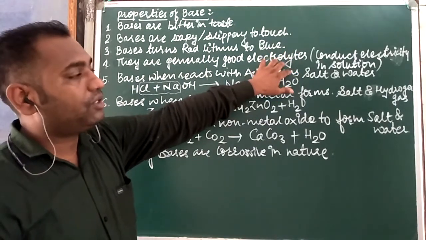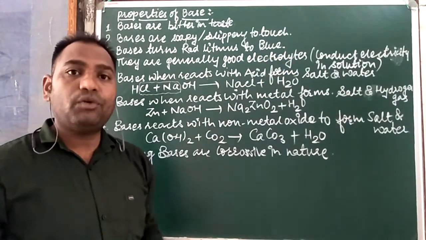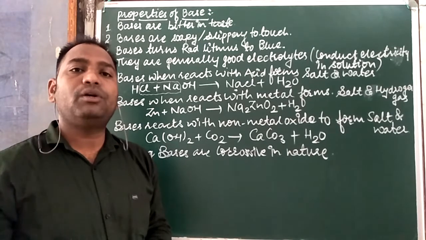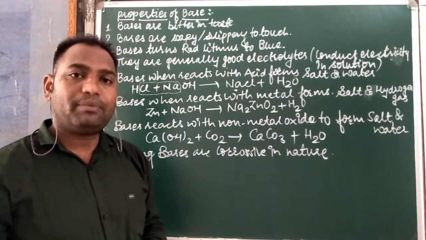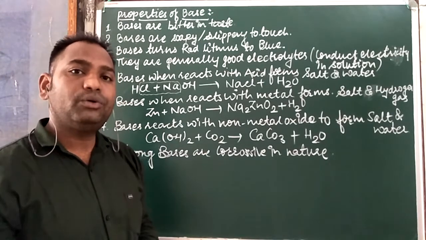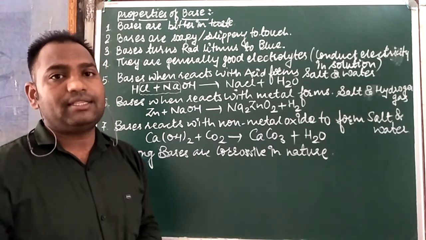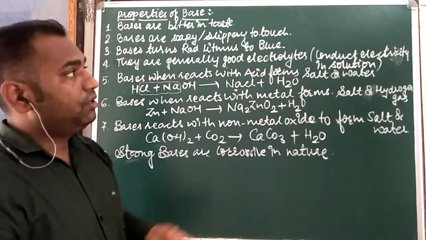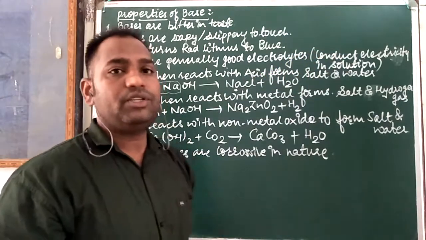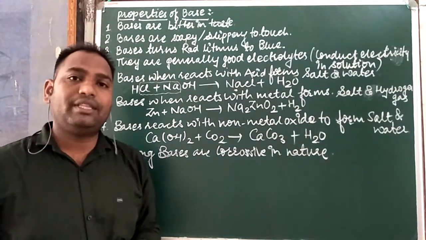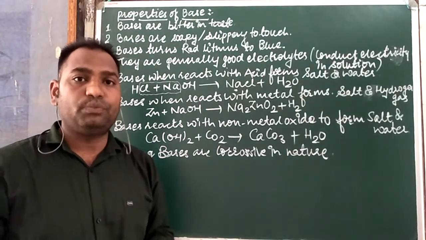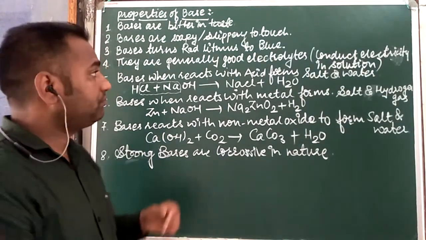Bases are also good electrolytes: in the presence of water, bases can dissociate their ions in the form of OH minus. So if it is a basic solution, it can conduct electricity.